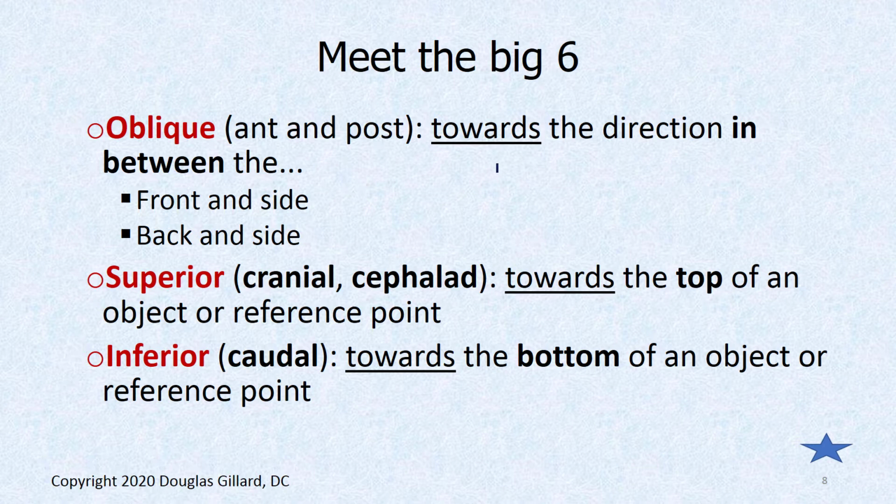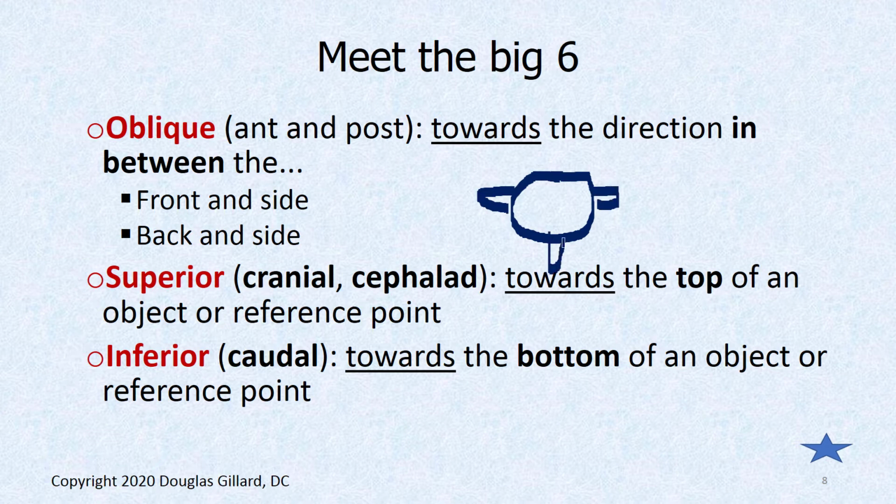Oblique means the direction is not toward the front and it's not toward the side. It's kind of in between. So oblique is toward the front and toward the side, but it's more in between those places. Like this is an overhead of let's say a typical vertebra.